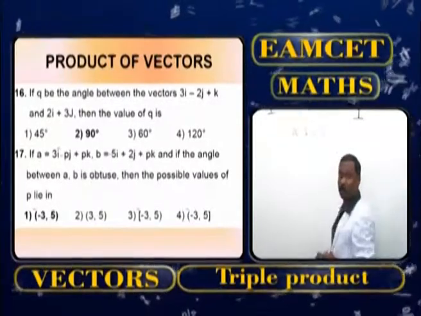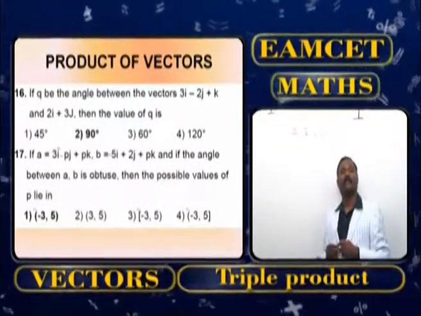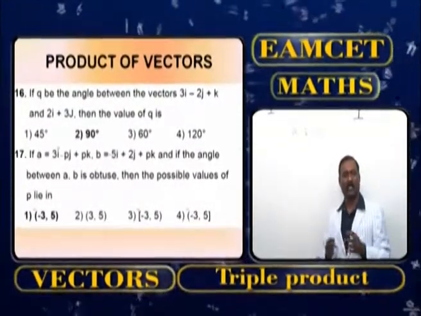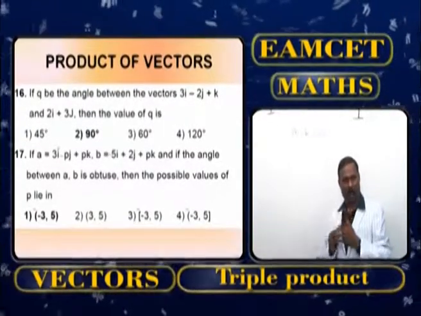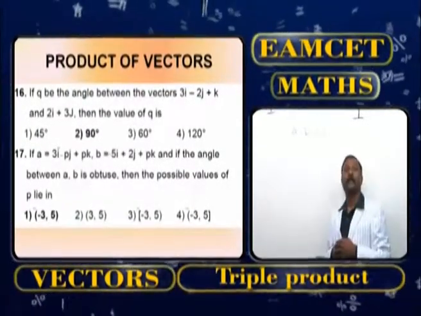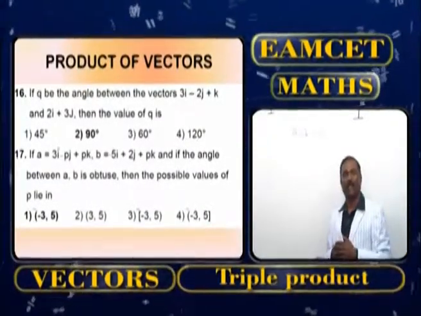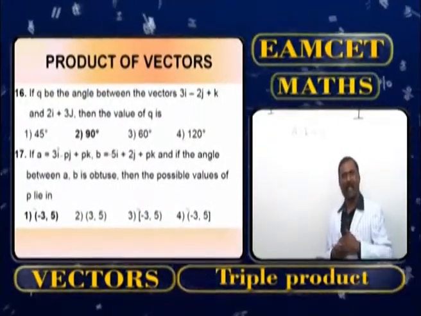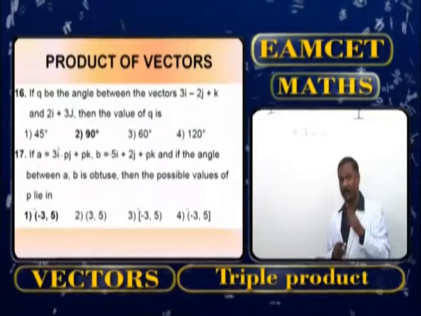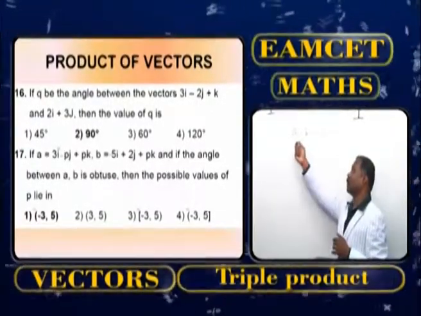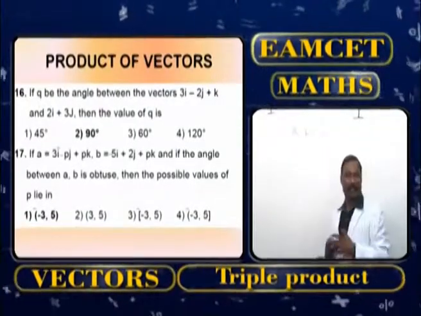Why is it so? By definition, a bar dot b bar is mod a bar into mod b bar into cos theta. So theta should lie in the second quadrant, then only cos theta becomes negative. When cos theta is negative, obviously the dot product is less than 0.